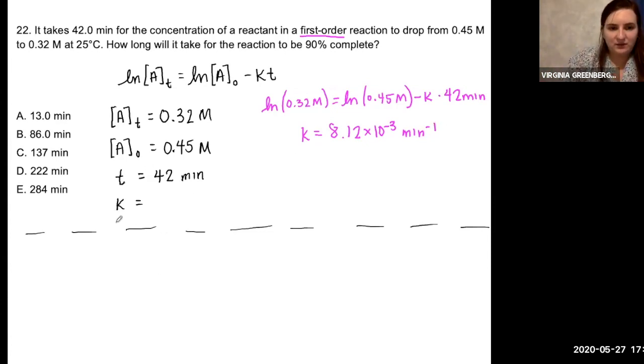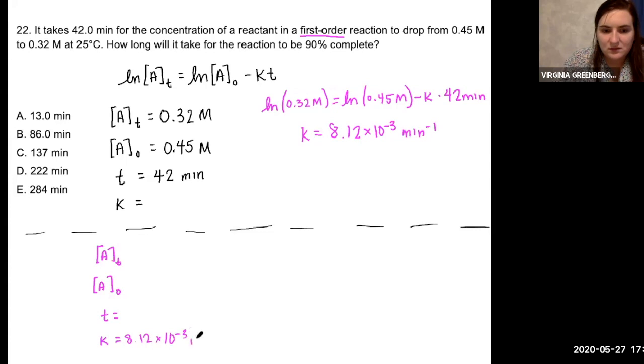And so now that I have the K, I'm going to have to think about my next set of conditions. So I know what K is because I just found it. Time is what I'm trying to find.